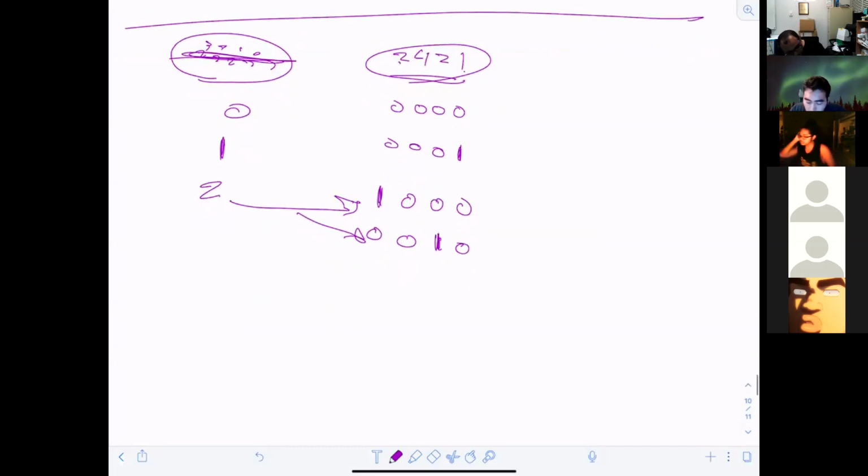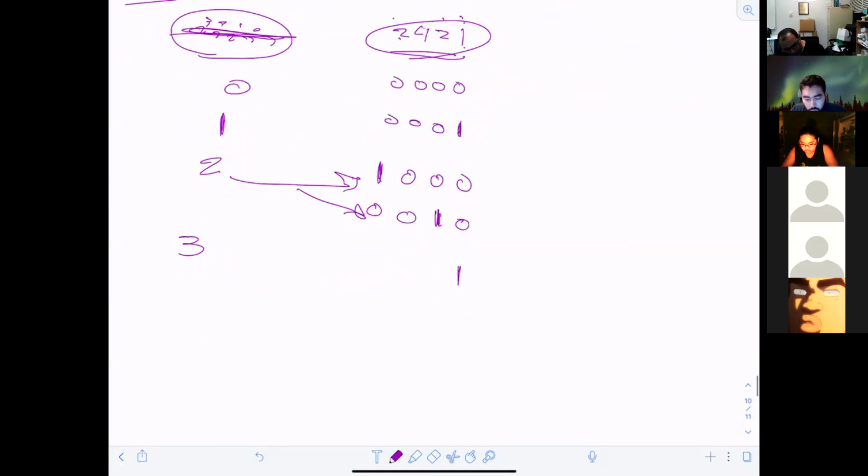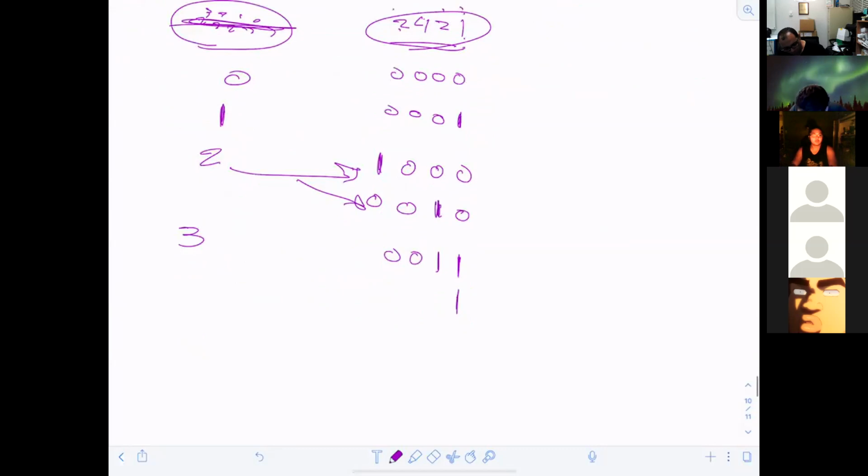Let's say 3, for instance. 3 can be 1 and 2, and the rest is 0, or 1 and 0 and 0 and 1 here, right? So 3 is going to be 1 1 0 0, or it can be 1 0 0 1.